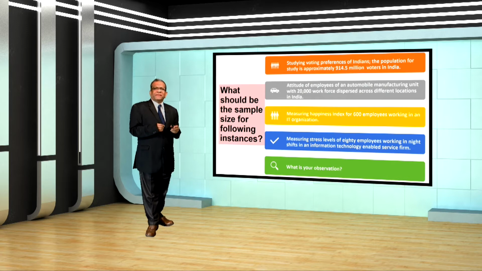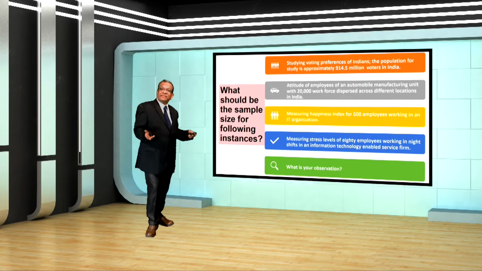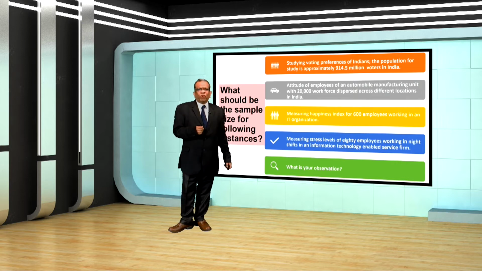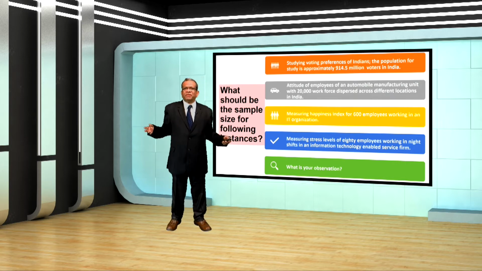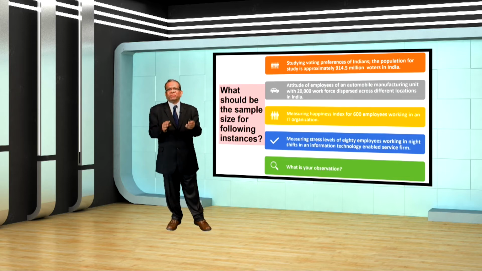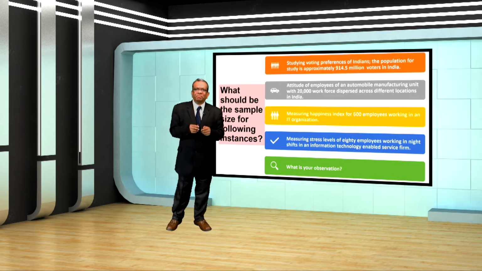Next problem is measuring the happiness index of 600 employees working in an IT organization. The fourth one is measuring stress levels of 80 employees working in night shifts in an information technology enabled service firm. Now, tell me, what should be the sample size for all of them?